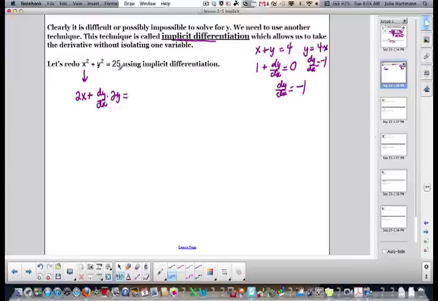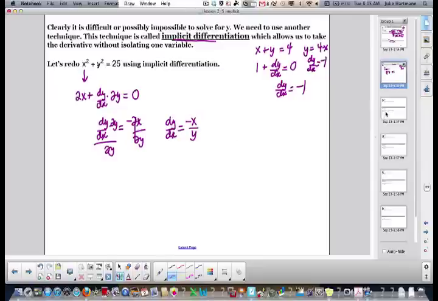So it is using the chain rule. The derivative of 25 is 0. Subtract the 2x and then divide by 2y. The 2's cancel, so you get dy/dx equals negative x over y. That is using implicit differentiation.